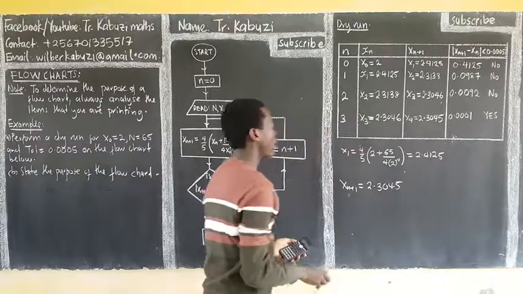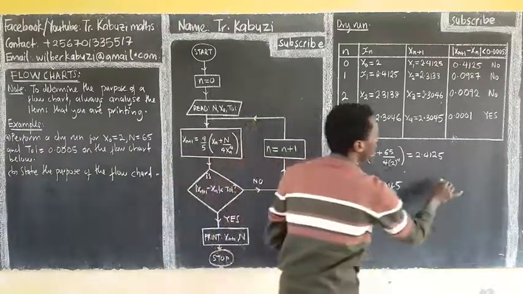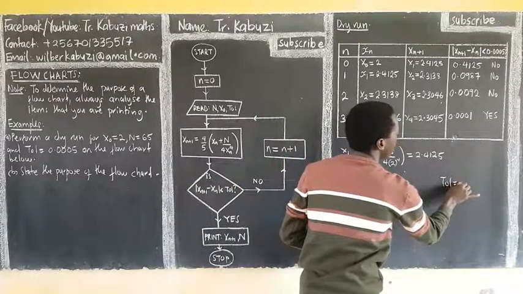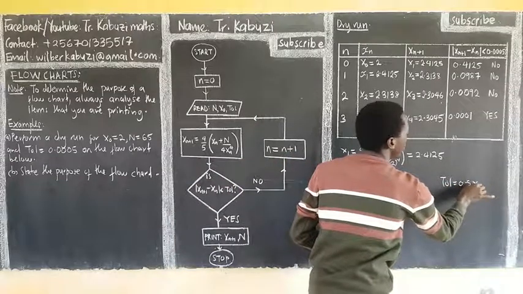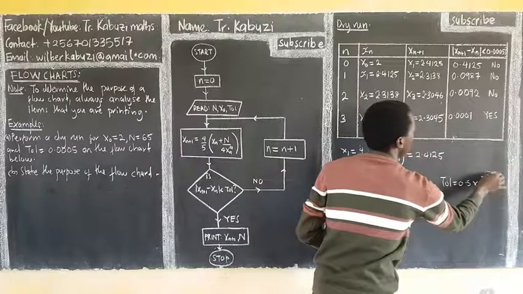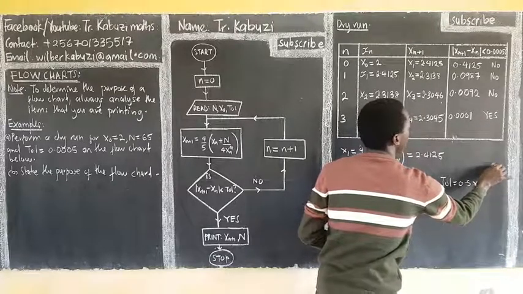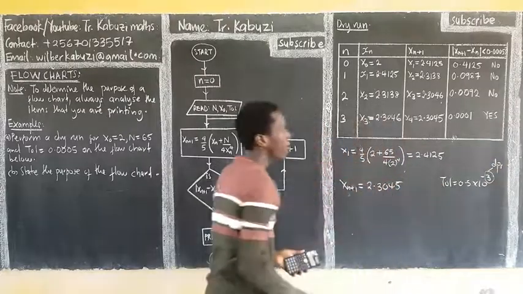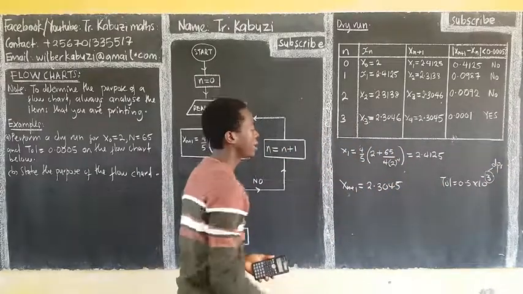2.3045. Now, because our tolerance was equal to 0.5 times 10 power negative 3, this means that we work to 3 decimal places. So meaning that now we give our answer also to 3 decimal places.